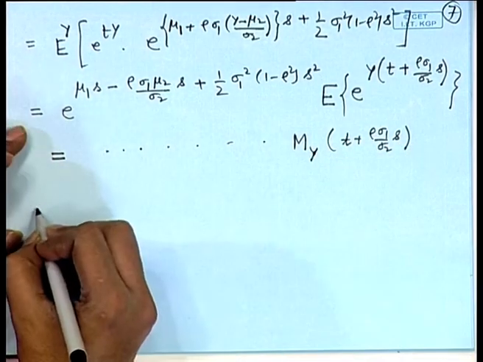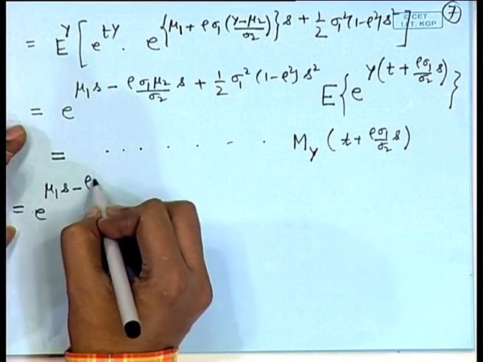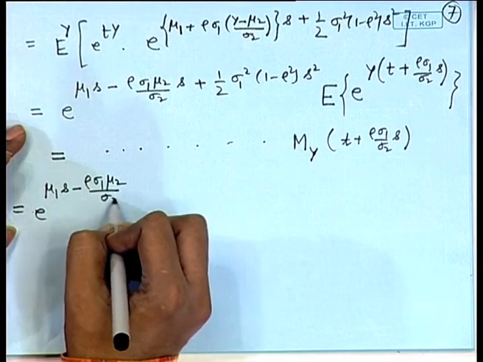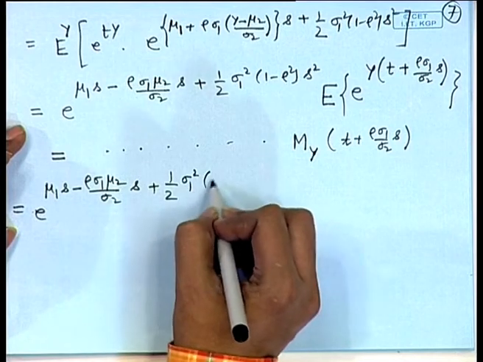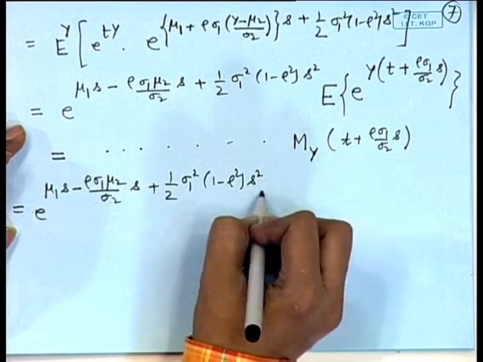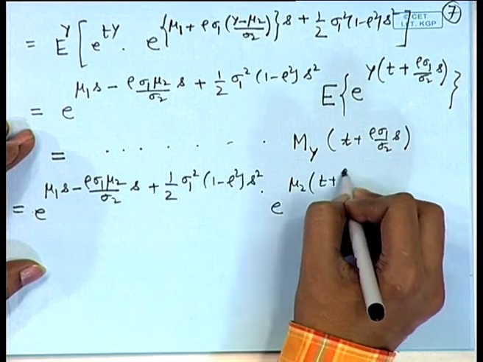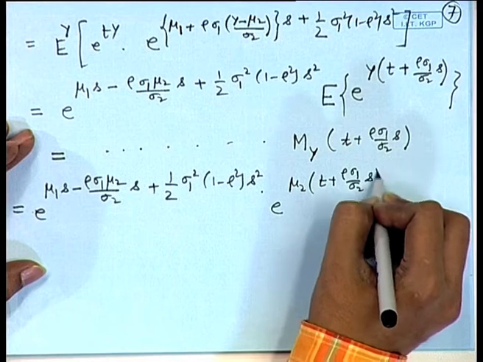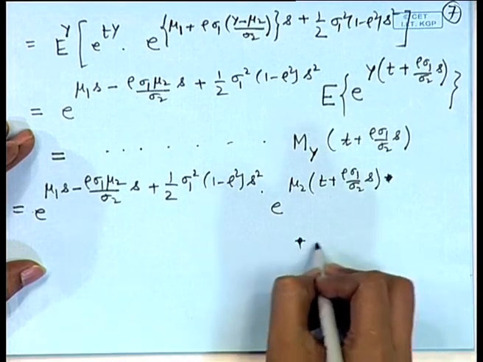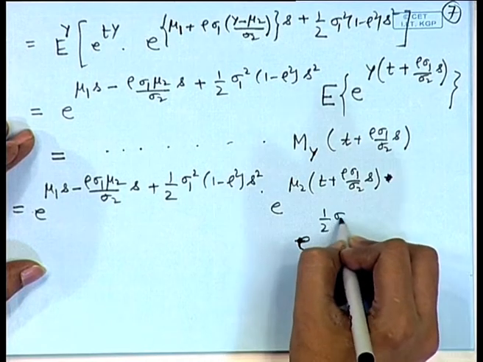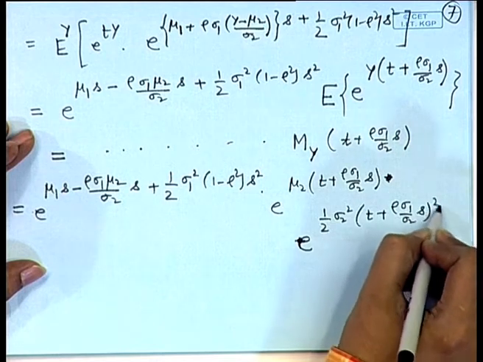So, we get it as e to the power mu 1 s minus rho sigma 1 mu 2 by sigma 2 s plus half sigma 1 square (1 minus rho square) s square, times e to the power mu 2 (t plus rho sigma 1 by sigma 2 s) plus half sigma 2 square (t plus rho sigma 1 by sigma 2 s) whole square.